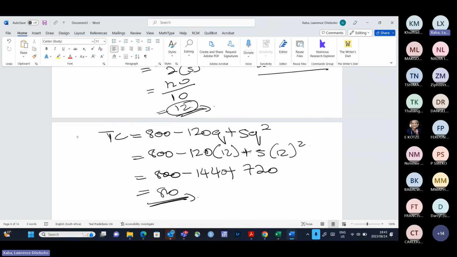And we know if we produce 12 units, the cost is going to be 80. If we put it in rands, 80 rands. So there's the total cost.